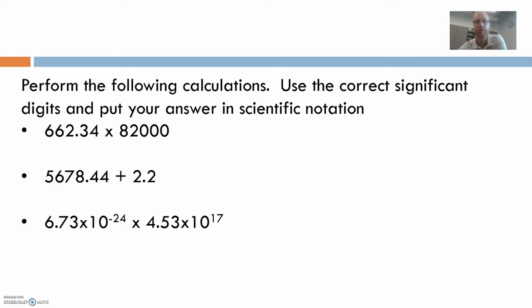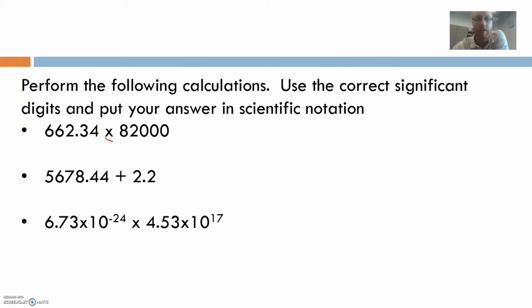All right, so a couple of problems here. What we're going to do is figure out how many significant digits we should have in our answer. So this one, we're multiplying, so we're going to use our multiplication rule.